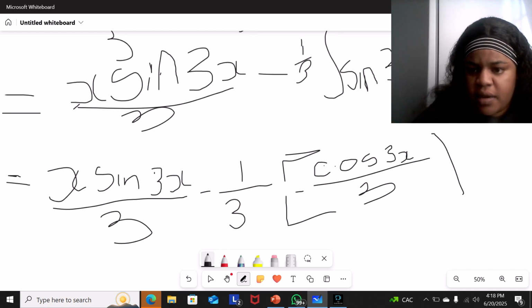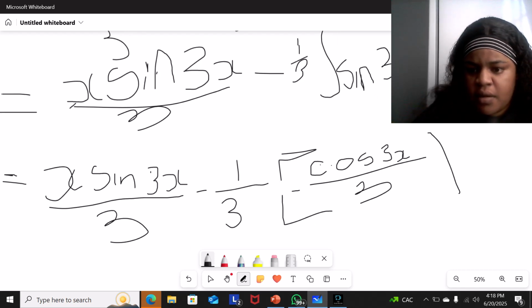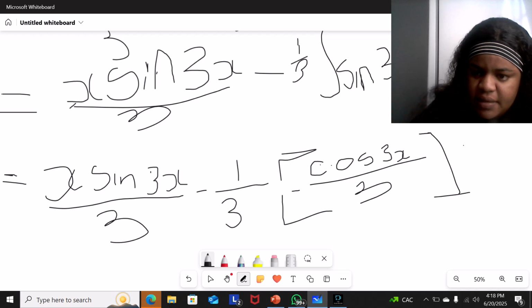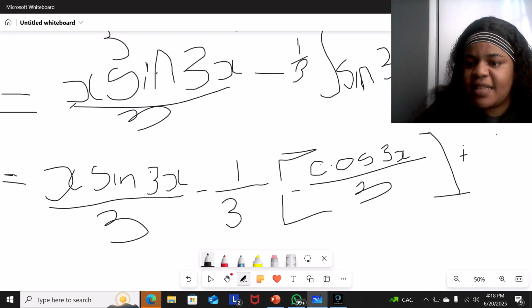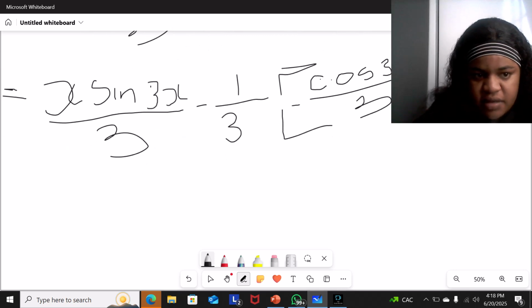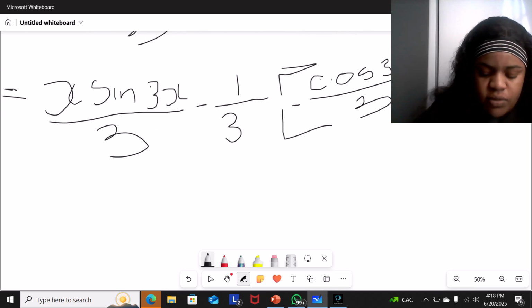Then we close this bracket, plus c. You know that any equation of integration, if that equation does not end with C, it's not integration, meaning there's somewhere your answer is wrong.